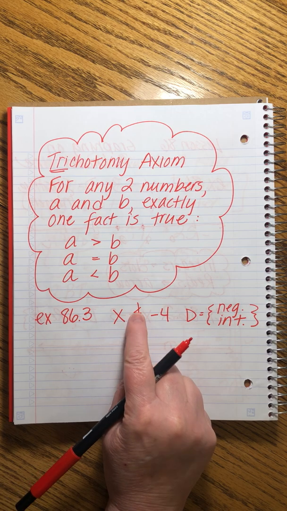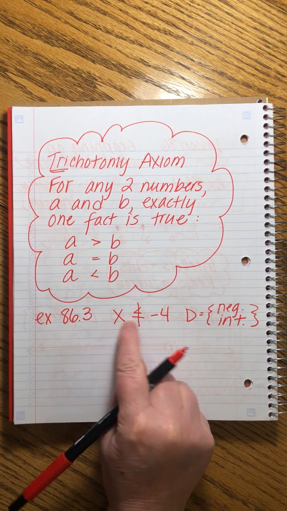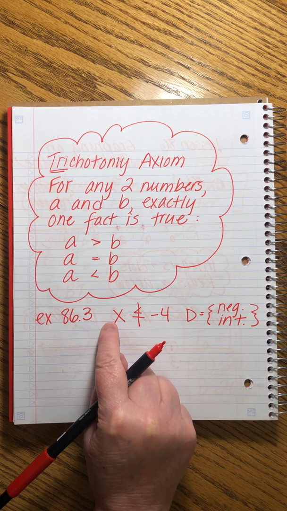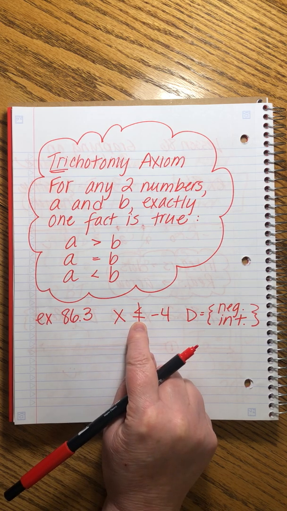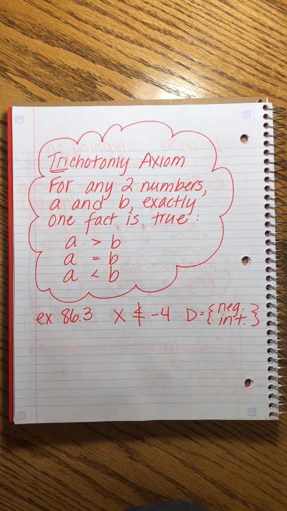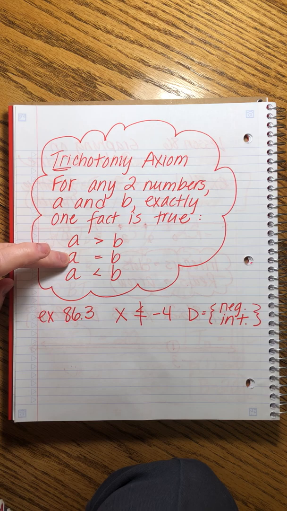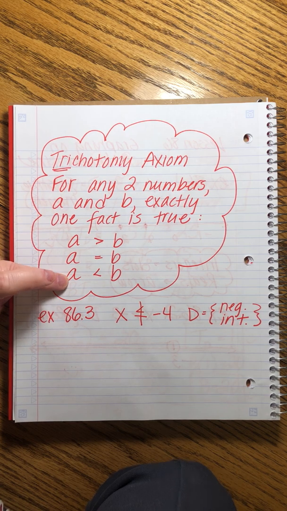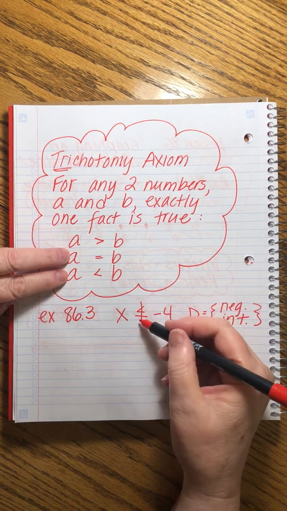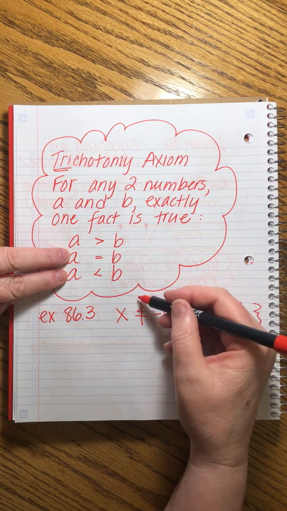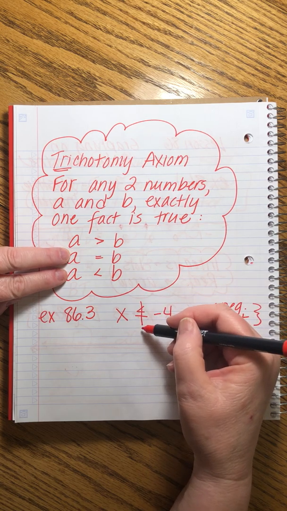It doesn't say x is less than or equal to minus 4. It says x is not less than or equal to minus 4. So what this means is that A is not equal to B. This one's not true, and this one's not true, right? Do you see how both of these are reflected in this sign? But John has drawn the line through both of them saying it's not true.